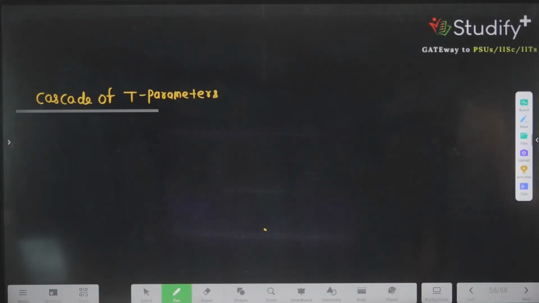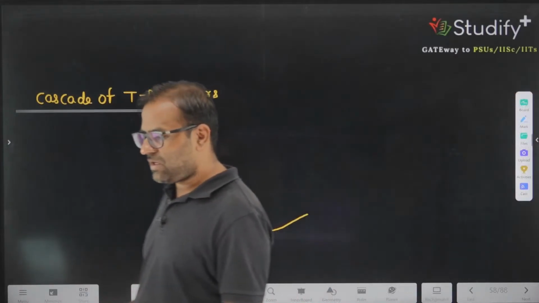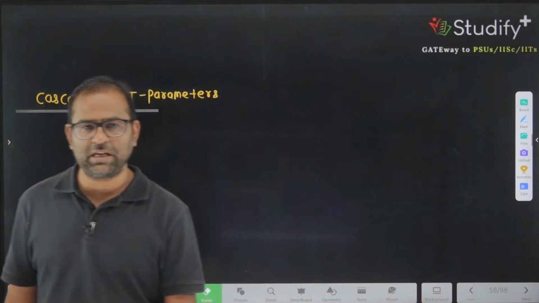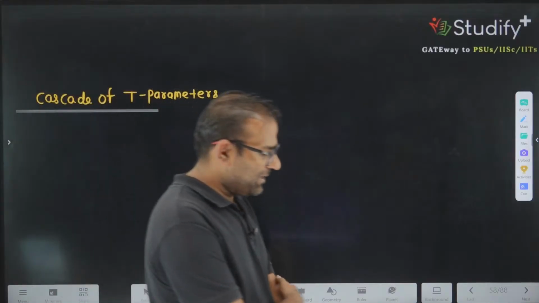So we are interested in cascading of T parameters. So how we can cascade T parameters? Let's talk about that.